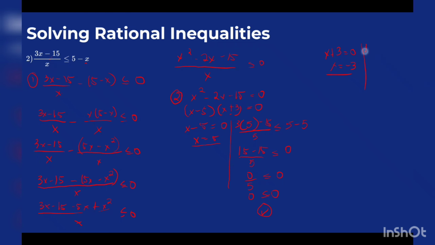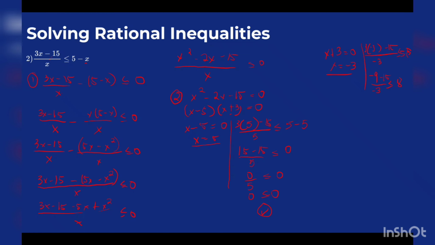And we'll have 3 times negative 3 minus 15 all over negative 3 is less than or equal to 5 minus negative 3. So this is negative 9 minus 15 over negative 3 is less than or equal to 5 minus negative 3 is positive 8.